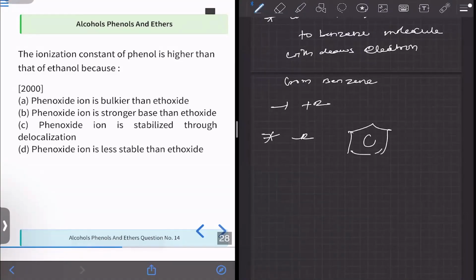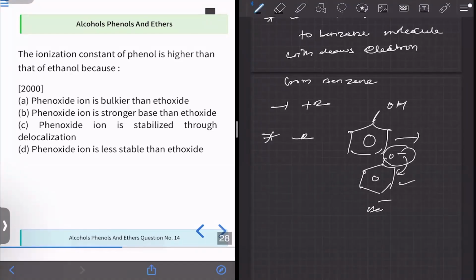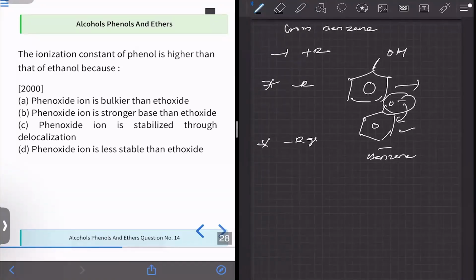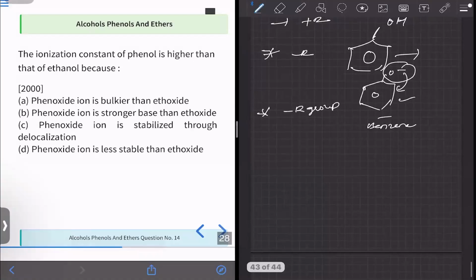Whenever some molecule attached to the benzene gives electrons to the benzene group, that makes it a minus R group. These are plus R and minus R.